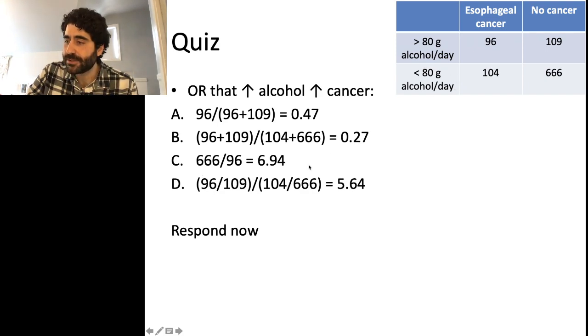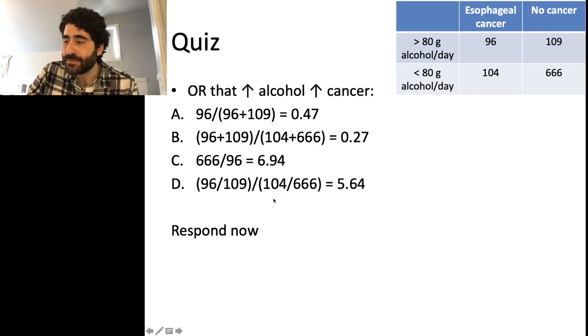In the light drinker group, the ratio of cancer to non-cancer is 104 to 666, so there's a ratio here of close to 1-to-6, meaning that you're about 6 times as likely to not have cancer if you're one of the people in this group. And so the odds ratio is just the ratio of these two odds.